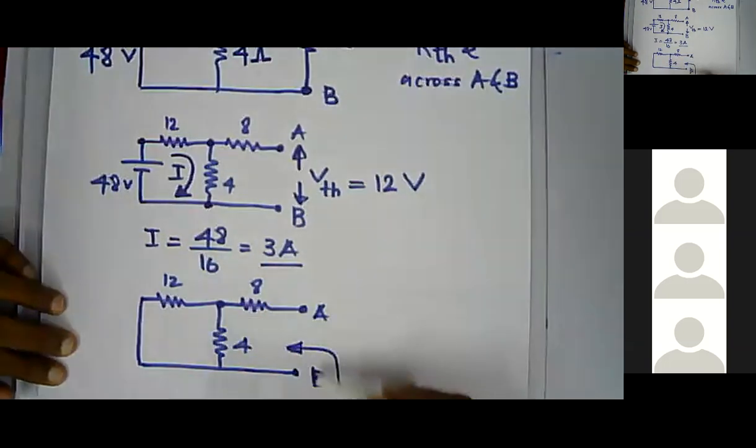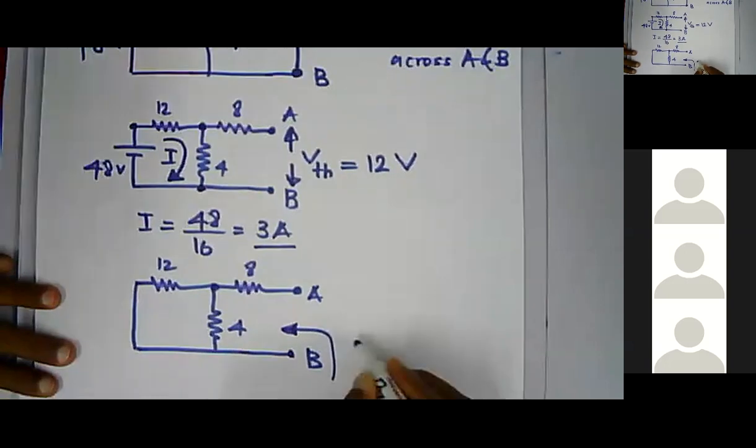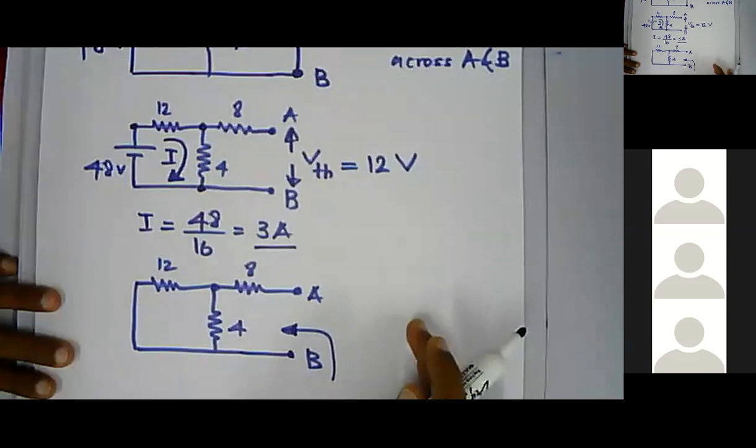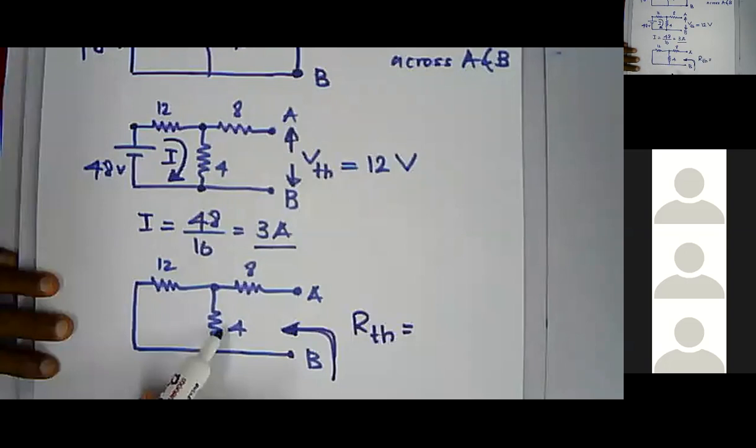When you are looking from A and B, the total resistance offered by the circuit will be your RTH. So across this one, you can see that 12 and 4 are connected in parallel, which is connected with this 8 ohm resistor in series.